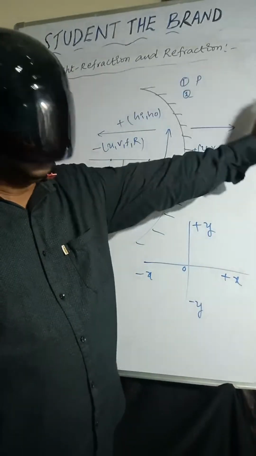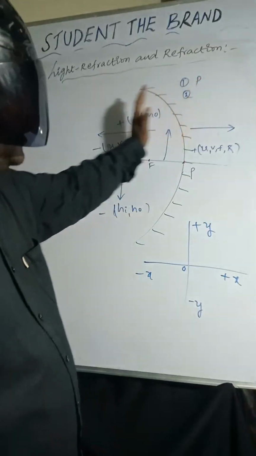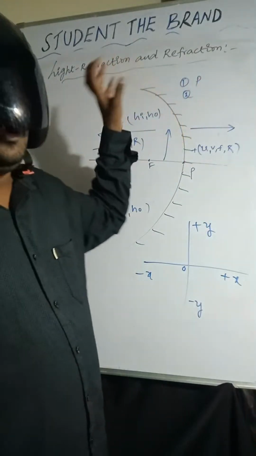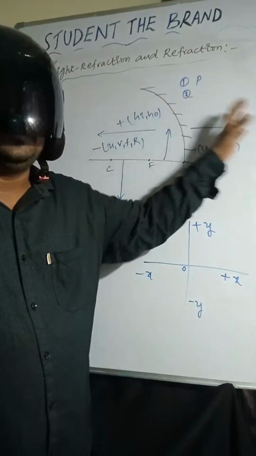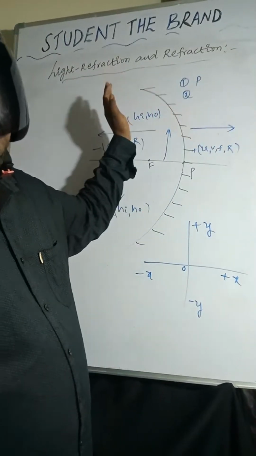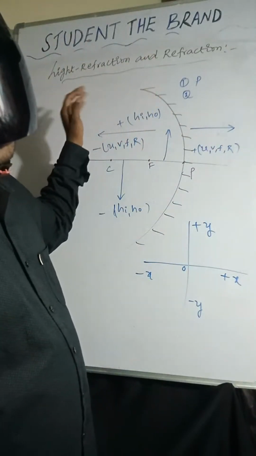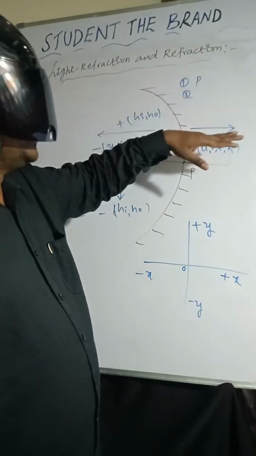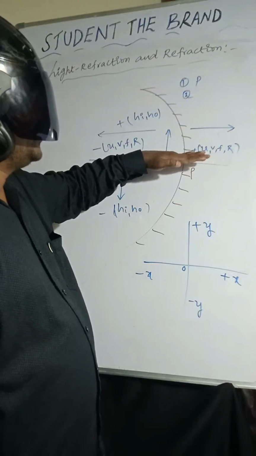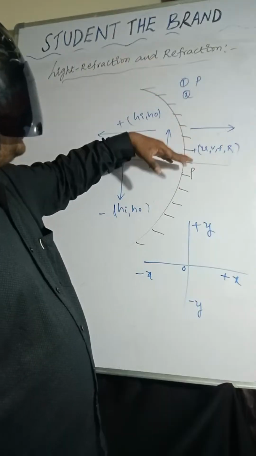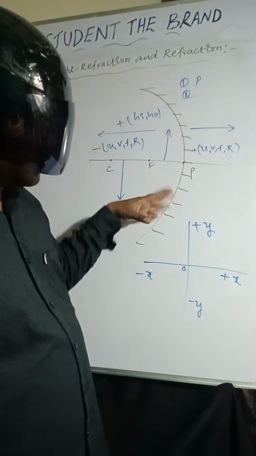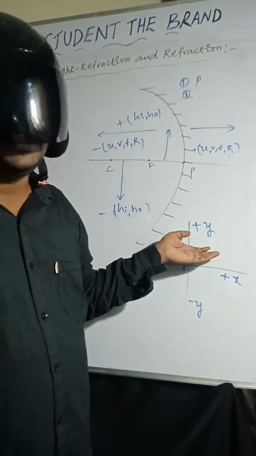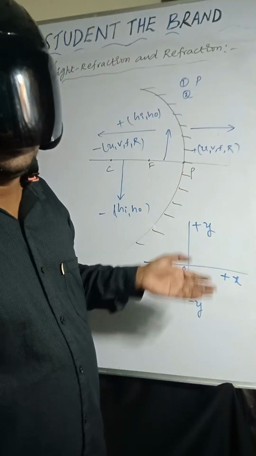In the direction of incident rays, all are positive. Opposite to incident rays, all are negative. All distances measured perpendicular to the principal axis, above the principal axis positive and below the principal axis negative, as in a coordinate axis.